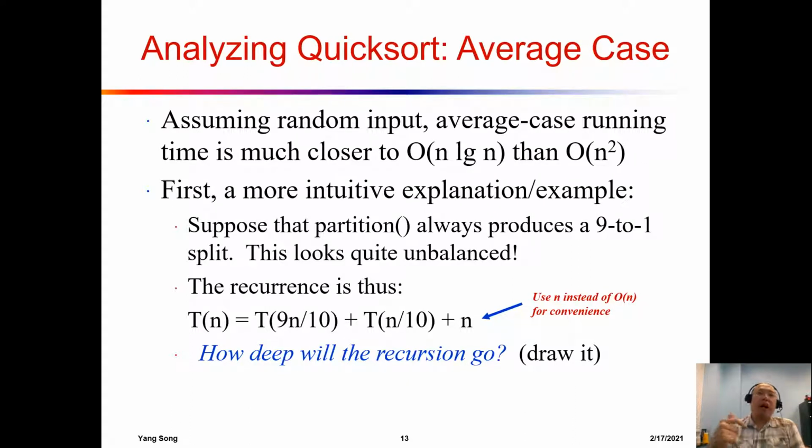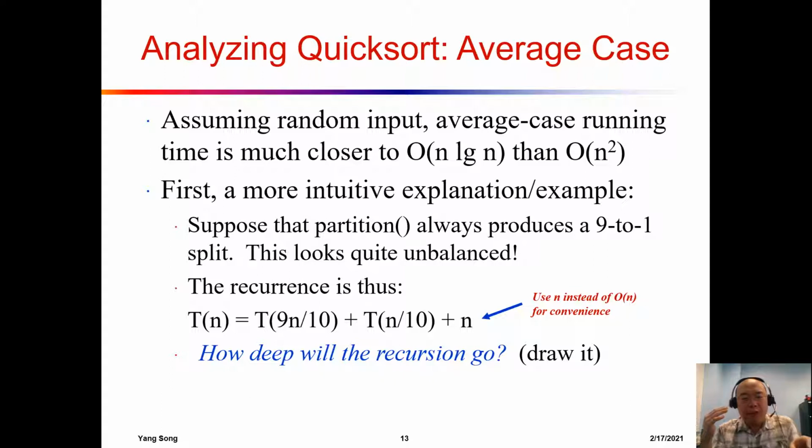If we have this kind of partition all the time, I would say it is a pretty bad case, even though it's not the worst case. For the average case, if we have random values and we are randomly picking the pivot, then the case won't be as bad as always having a 90% to 10% partition.